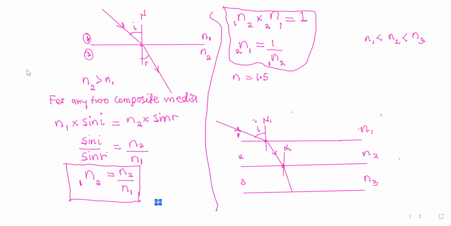So this is also the point of another refracted ray. Let's have another normal at the third boundary.